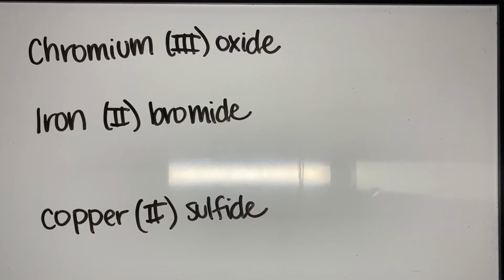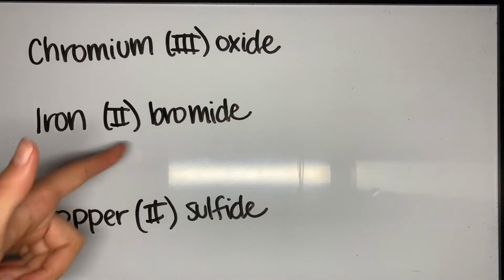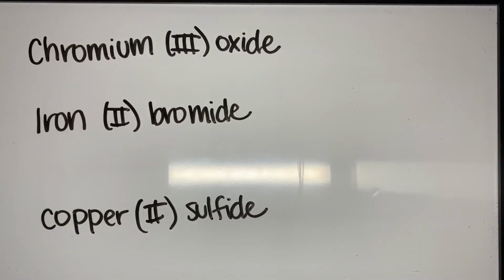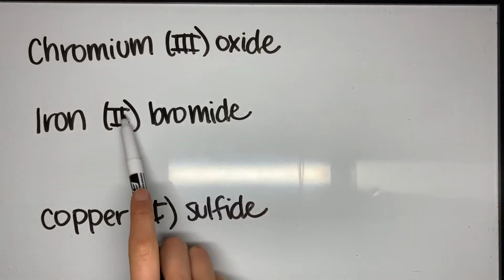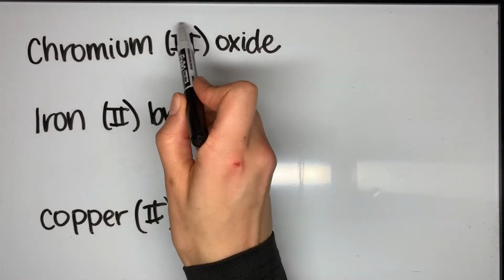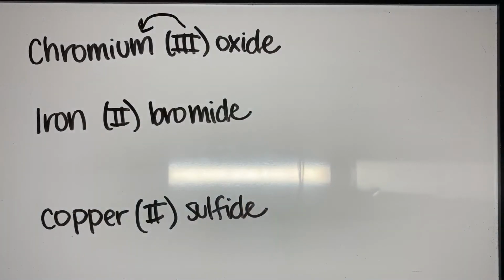So let's start with going from the name to the formula. So whenever you see these Roman numerals, you know that you are working with a transition metal, and you have to get used to the fact that this Roman numeral is stating the charge of the metal before it.